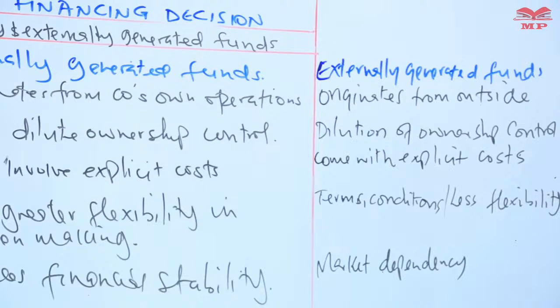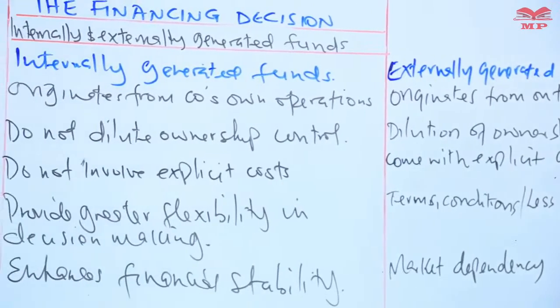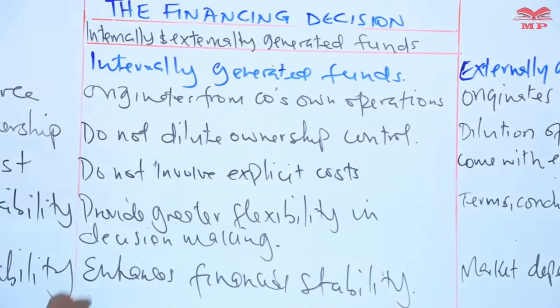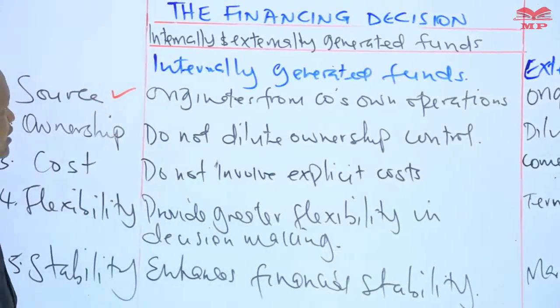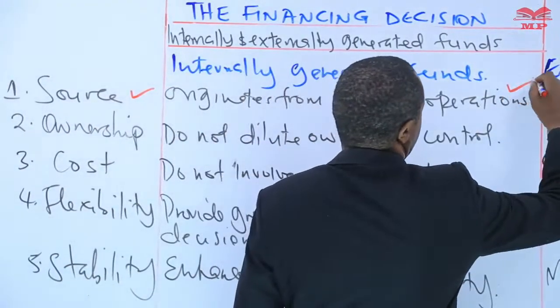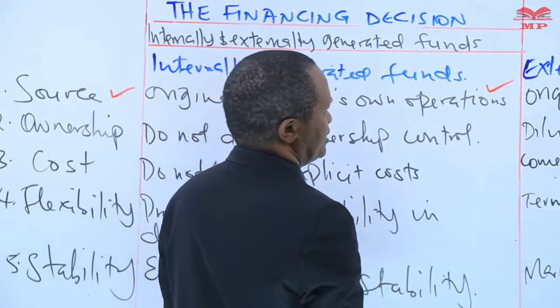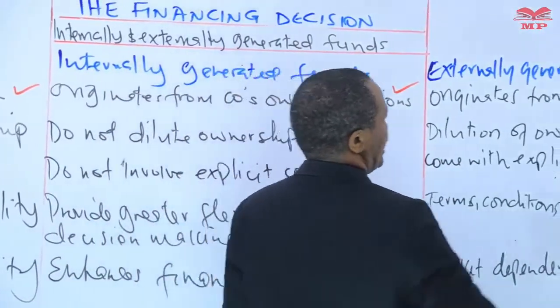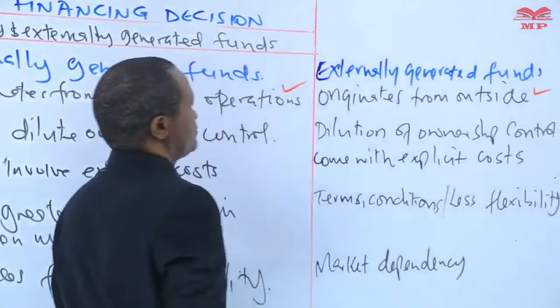So we discussed points that have helped us understand the distinction between internally generated funds and externally generated funds. The first distinction is based on the source. Internally generated funds originate from the company's own operations and activities, but externally generated funds originate from outside the company.